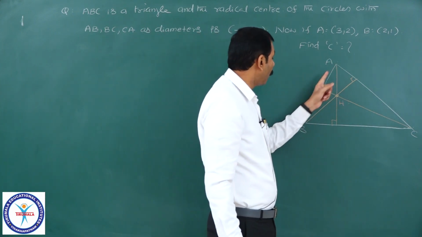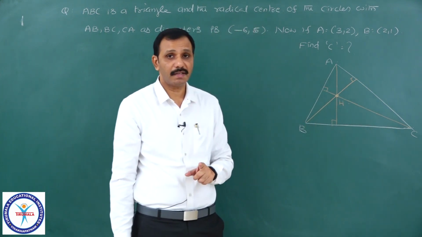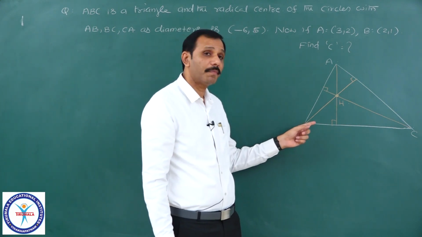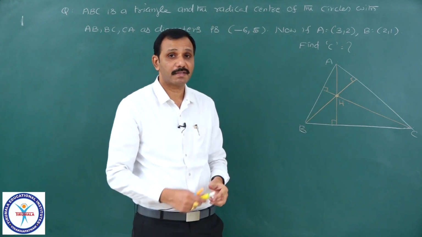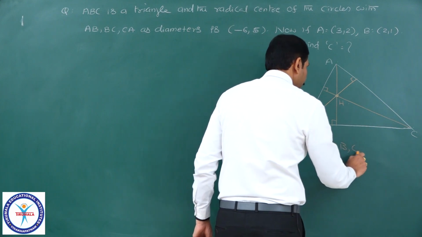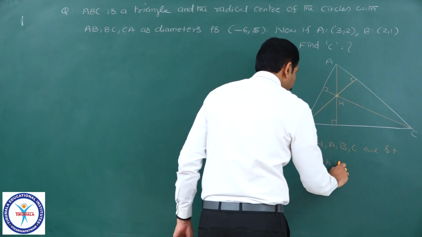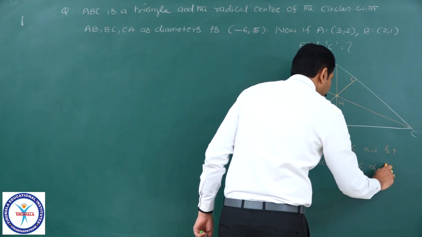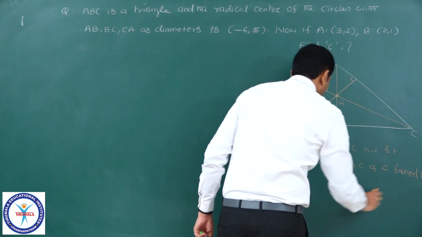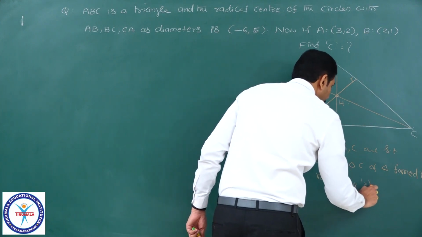Now these four points A, B, C, H are such that each point is the orthocenter of the triangle formed by the remaining three points. Means H, A, B, C are such that each is the orthocenter of the triangle formed by the remaining three points.